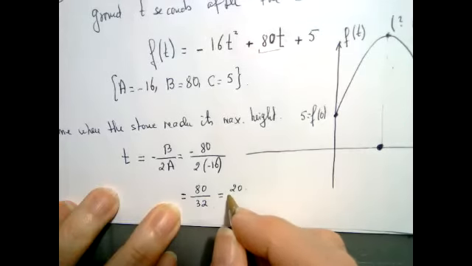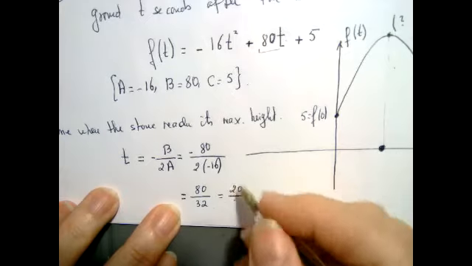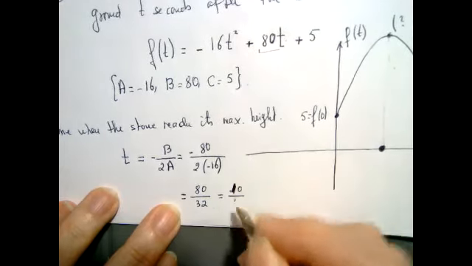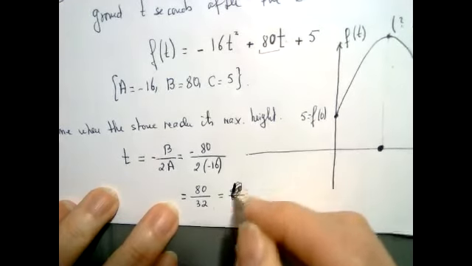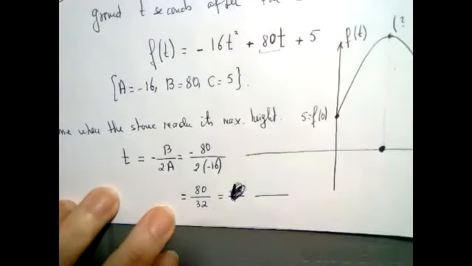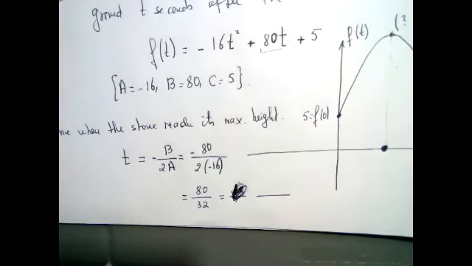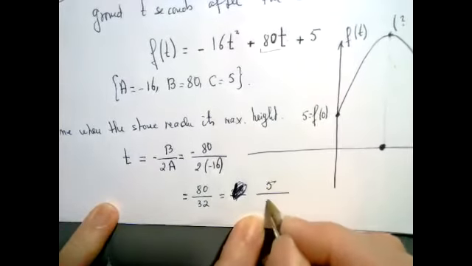32 into 4, which will give me, right? Actually, we can go by 8. No, we can go by 16. All right. So it's 80 over 32, and it's basically going to give me 5 over 2.